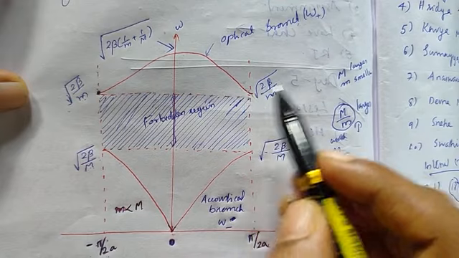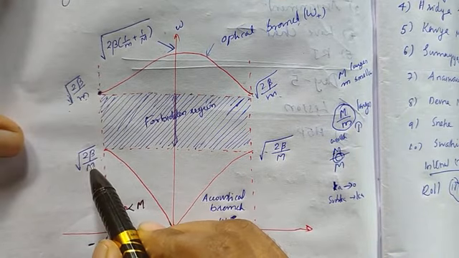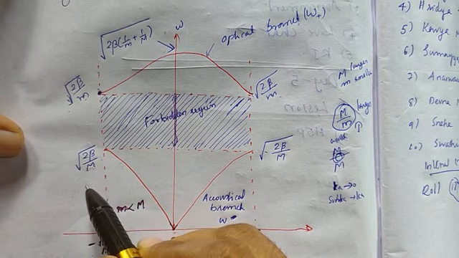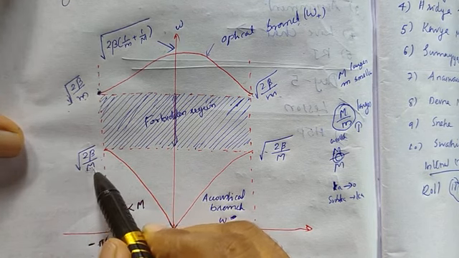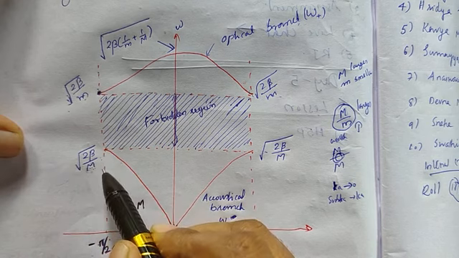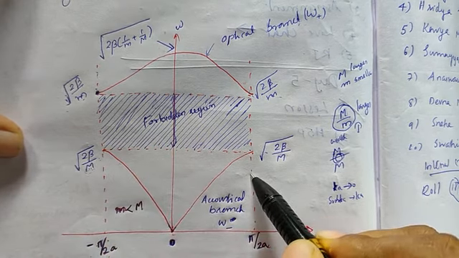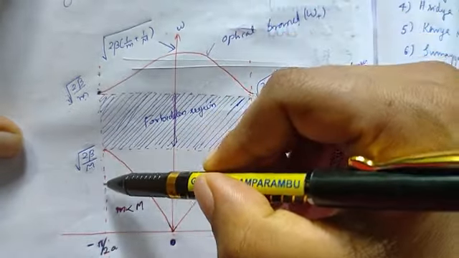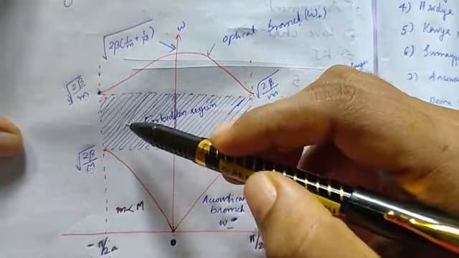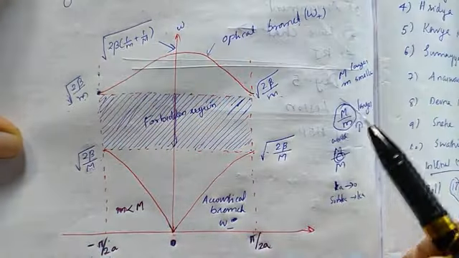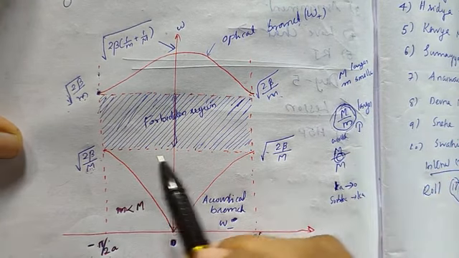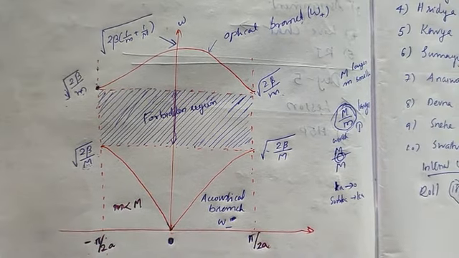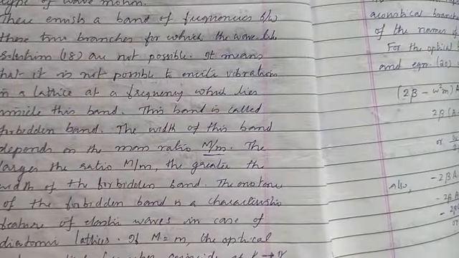Similarly, with M larger, this quantity as a total becomes smaller because M appears in the denominator, so these two points shift downwards. So this point shifts upwards and this point shifts downwards, which means the width of this forbidden gap is increasing. That's what we mean by the relation between the mass ratio and the forbidden region. So the forbidden region depends on the ratio of these two masses.